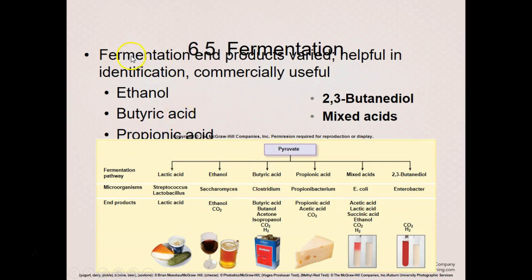Here are some products associated with fermentation: ethanol, alcohol, propionic acid. Propionic acid is used in the production of different foods. Mixed acids are one way we can identify different species of bacteria.